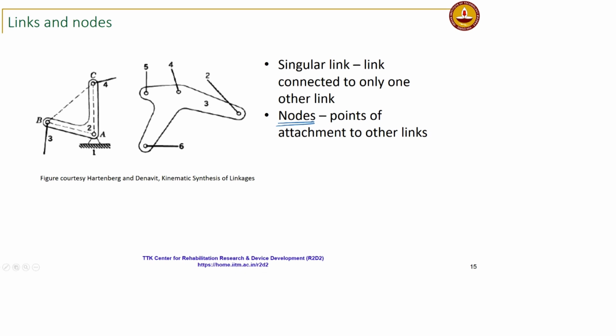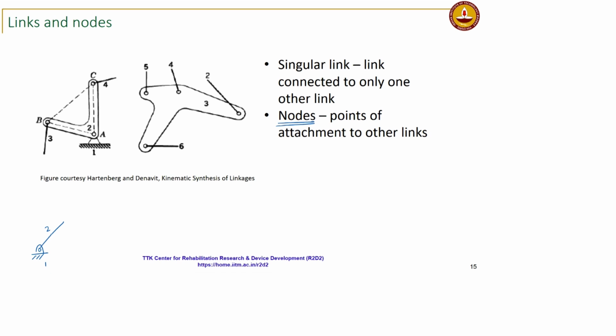If a link is only connected to one other link, like link 2, it is an example of a singular link.